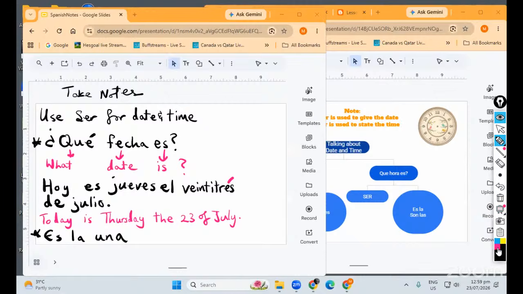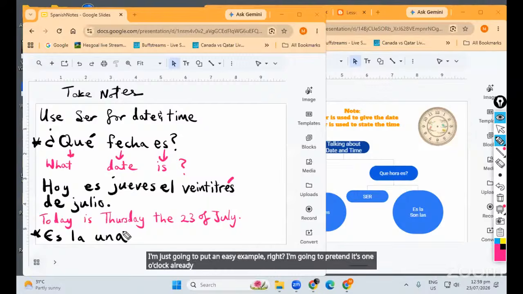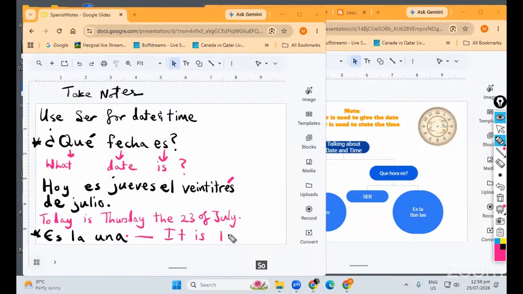I'm just going to put an easy example. I'm going to pretend it's 1 o'clock already. It's 1 minute to one, so I'm not far off. I didn't put in PM, but 1 o'clock, right?